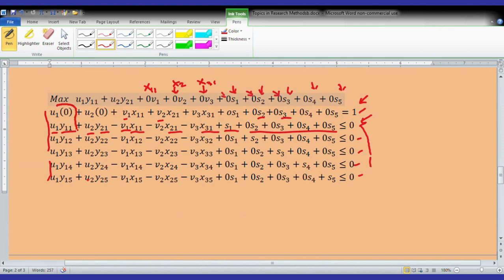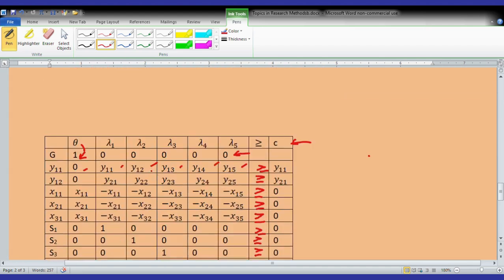So this is going to be the first row in that table that we have seen, and similarly this is going to be the second row, and then the third row will be like minus x11, minus x12, minus x13, minus x14, and minus x15.